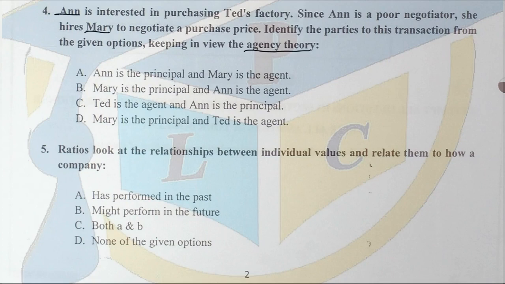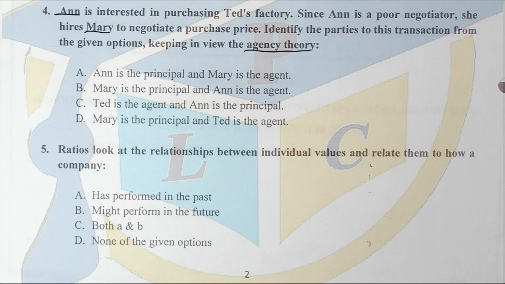The principal has entrusted his power and authority to the agent, and the agent does the activities that the principal would have done if he was in that position. The agent acts on behalf of the principal in dealing with the third party. So in the scenario here, Anne is a poor negotiator, so she hired Mary.